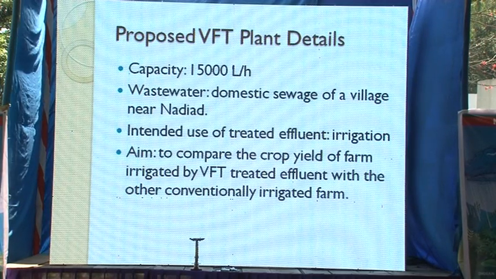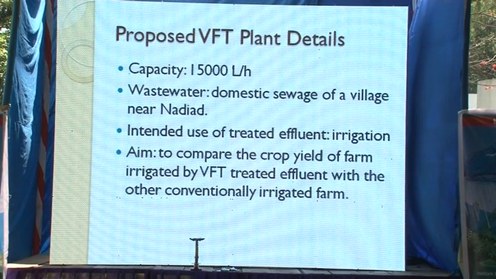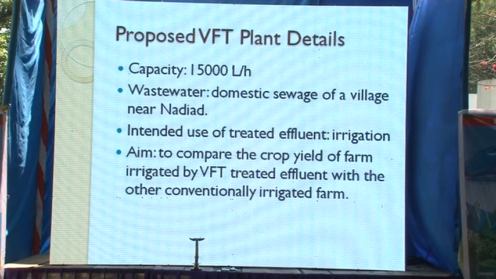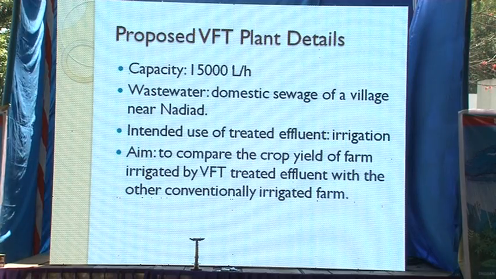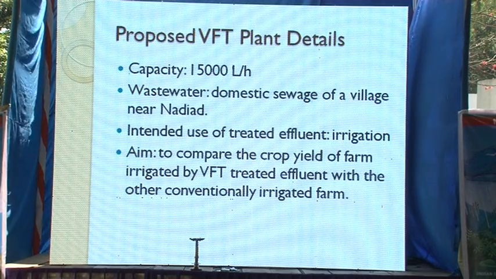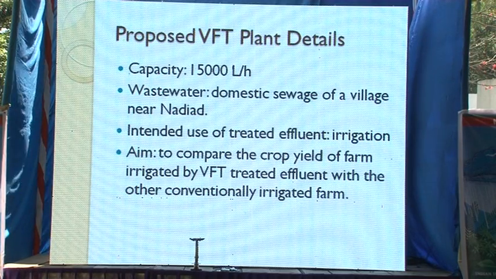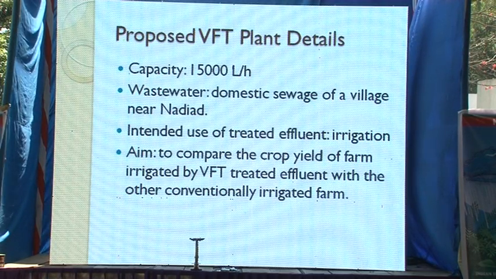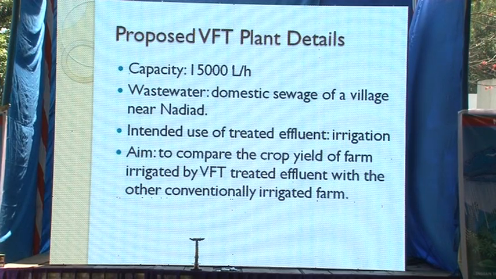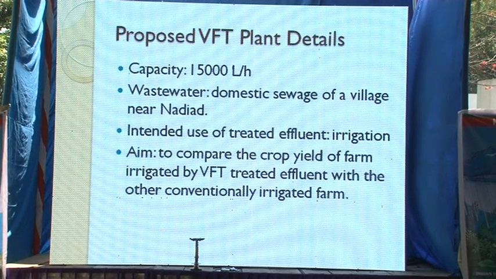There will not be any other nutrient addition, no fertilizers also. Only nutrients coming from the treated water will be used, and we are trying to then compare the yield of the crop with the conventionally irrigated field.